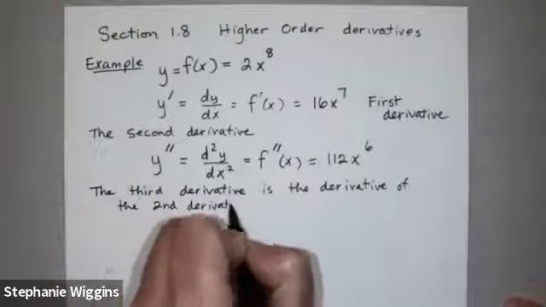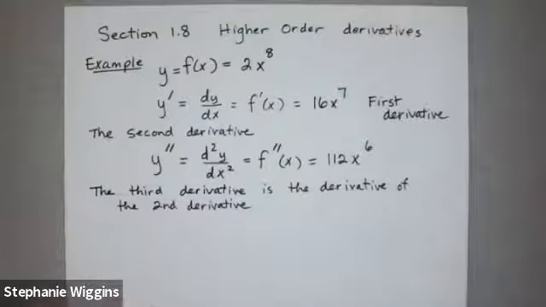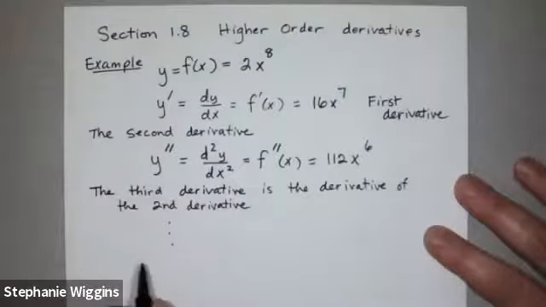So every time you take a derivative, you have the next one, right? And you can basically go all the way up to whatever number you want.